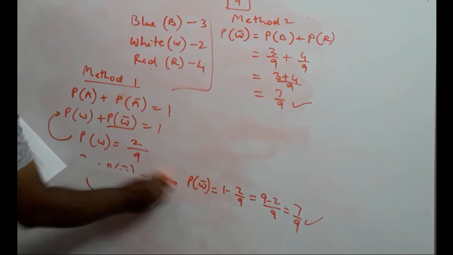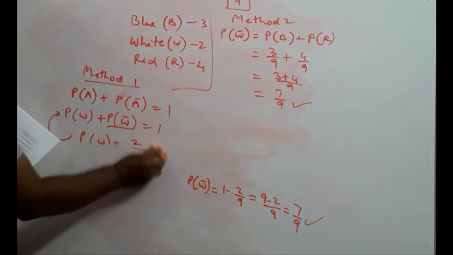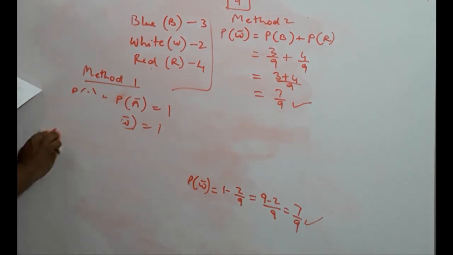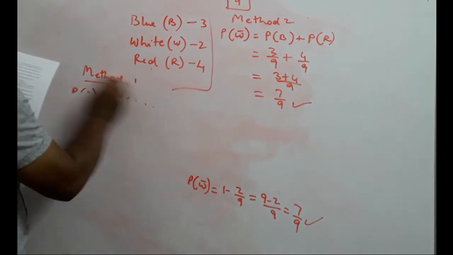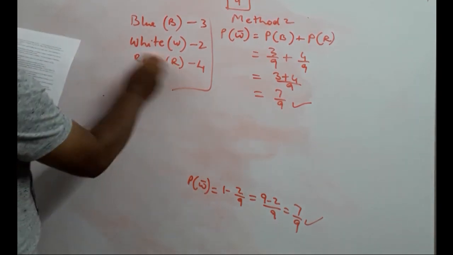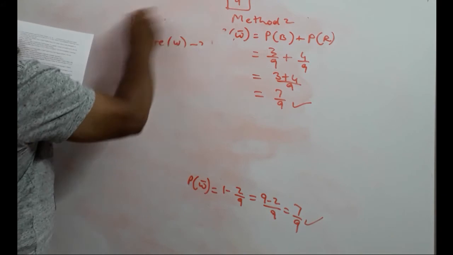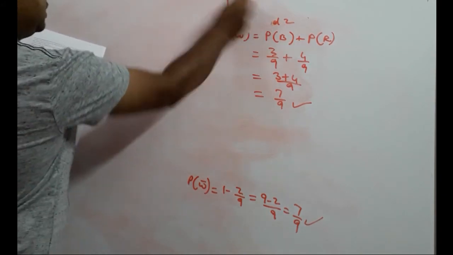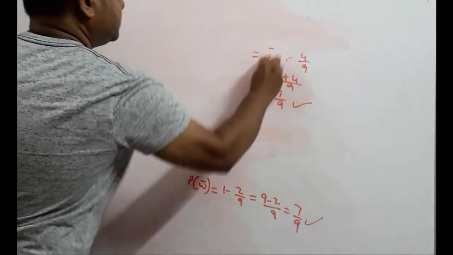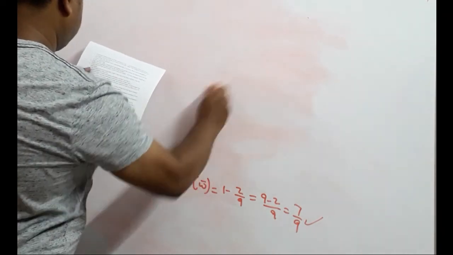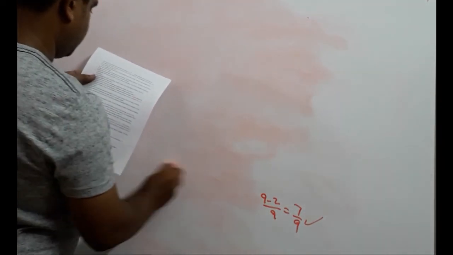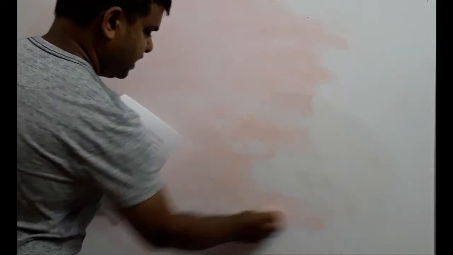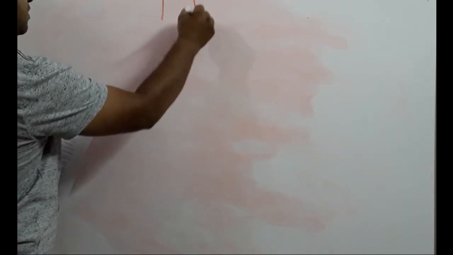Okay, now moving on to the last question that we will solve in this video. It's an easier one. It says a bag contains 4 red and 6 black balls. A ball is taken out of the bag at random.